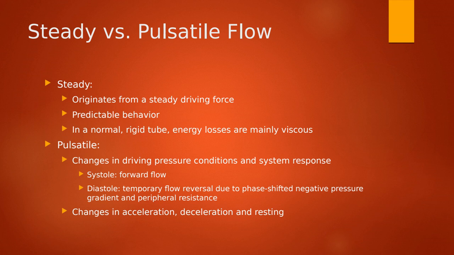Travels in a normal rigid tube. Of course, the longer that hose is, the further down that hose it gets, we're going to have energy losses that are different than where it is proximal in the hose. Okay, we don't have any vessels in our body that behave like that. Pulsatile flow, we're having changes in our pressure, and our system is going to respond to that pressure.